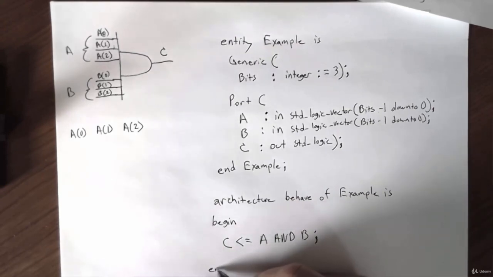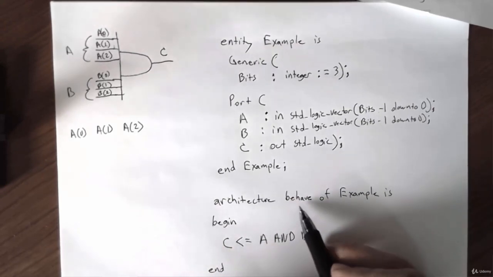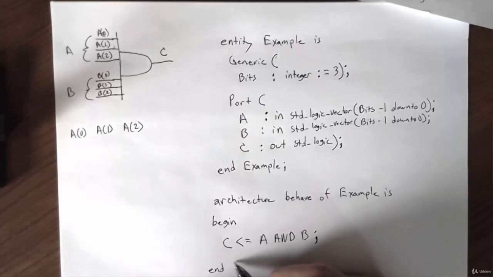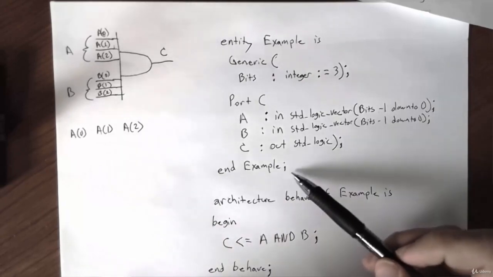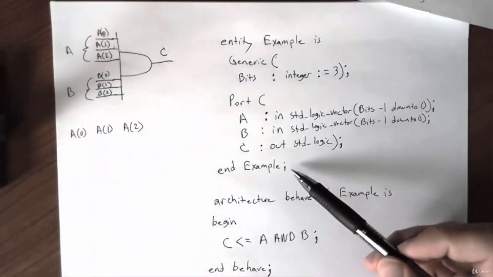And then we'll just do our end, and then we'll say our end of our keyword, which is our behave. That's our architecture, we've named it, and the semicolon. So that is an example of a design using a generic.